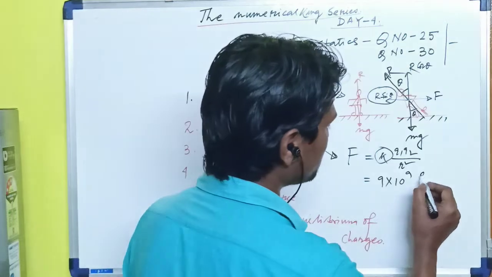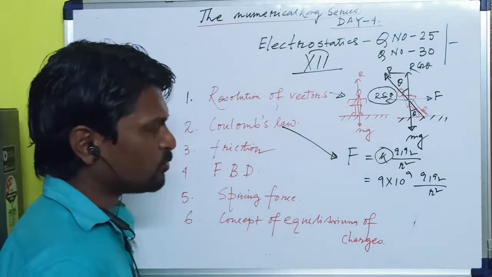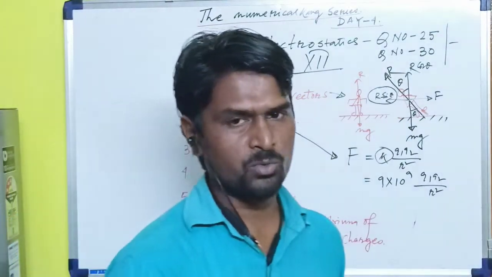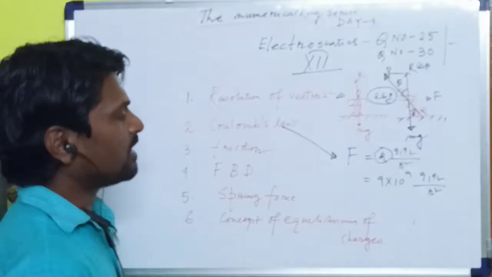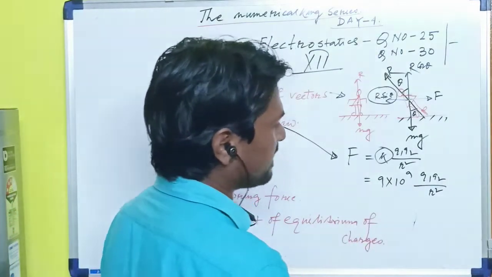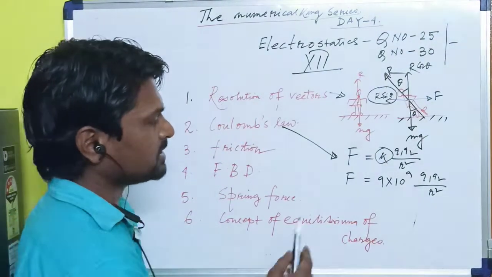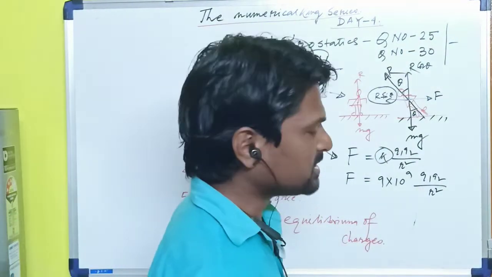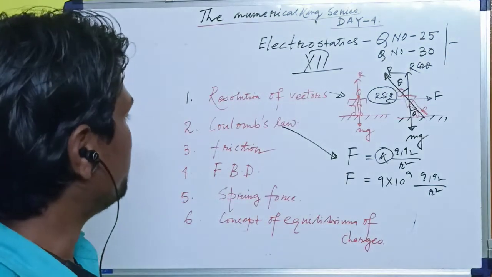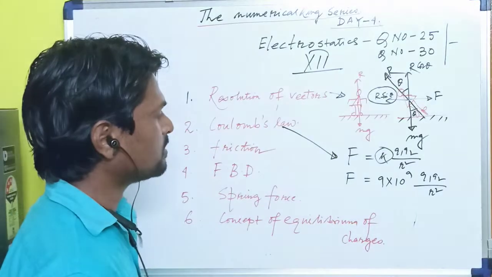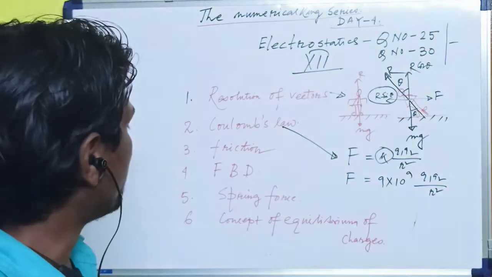In the SI system, most of the numericals in Verma's book are in SI units, so kappa equals 9 into 10 to the 9. This is Coulomb's law: F is directly proportional to the product of the charges and inversely proportional to the square of the distance between them. So F equals 9 into 10 to the 9 Q1 Q2 by R square.